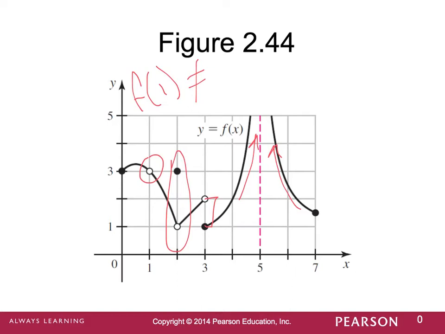We could argue that at 4, that is a point of continuity because we are defined there and the limit exists from the left and right, and that limit is equal to the function at that point. So x values of 1, 2, 3, and 5 are all points of discontinuity. At x equals 4, that is a point of continuity, or we could say our function is continuous at x equal to 4.